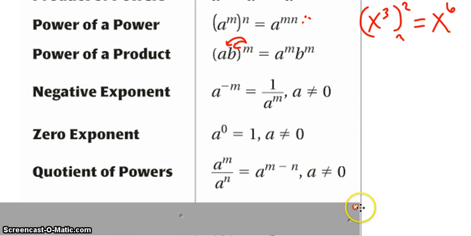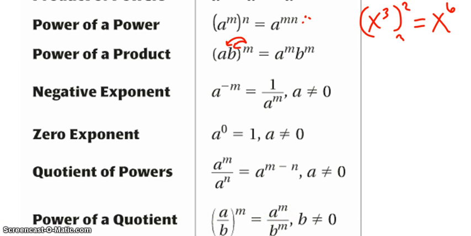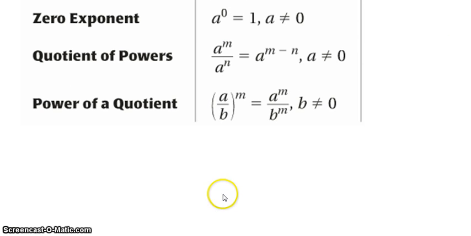The last one is when you have two different letters and it's raised to a power, you need to distribute that exponent to both the top and the bottom, the numerator and the denominator. This applies to a number also.